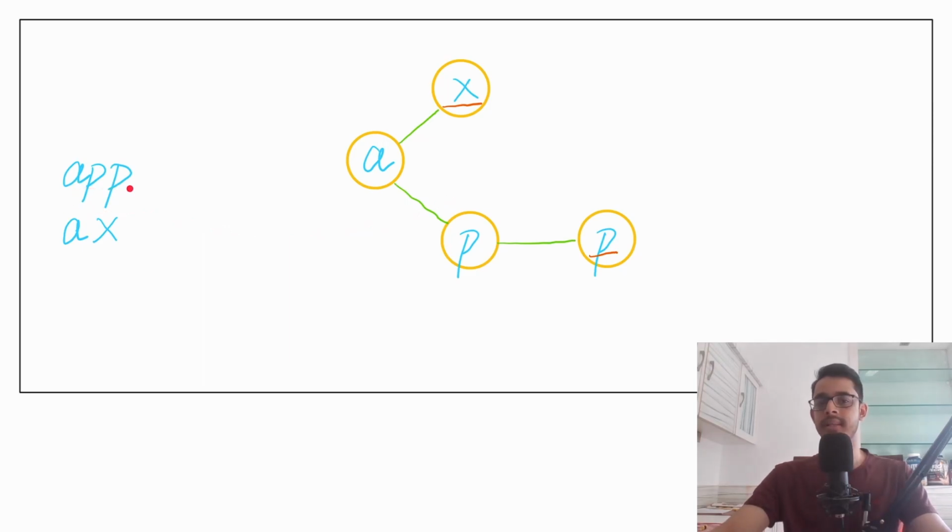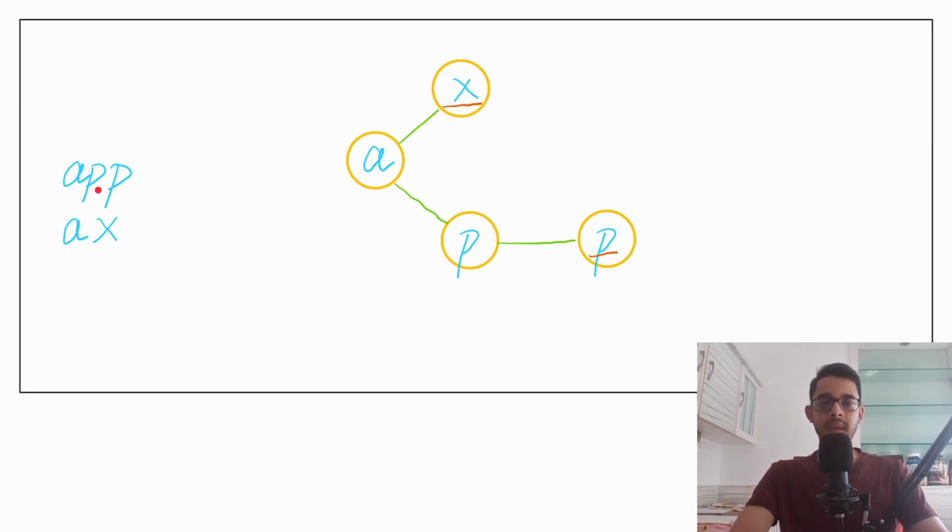Let's add another word to it. Let's say the next word is app. So how do we go about it? The first thing we want to do again is iterate over all the characters and try to add them one by one. The first thing we'll do is look at the character A. And what do we realize? A is already present inside of this data structure. And so we don't need to create another node. We'll just continue from what it was.